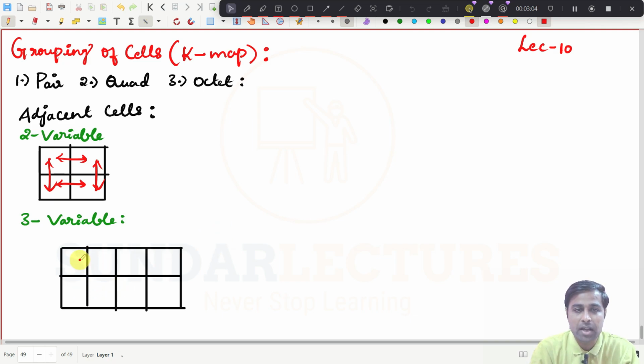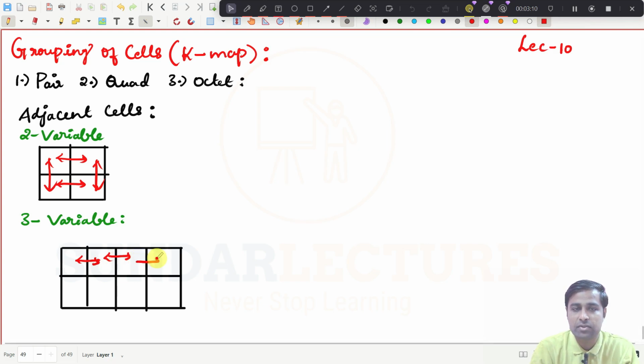So, for example, these two are adjacent to each other. These two are adjacent to each other, as well as these two. These two are adjacent to each other.